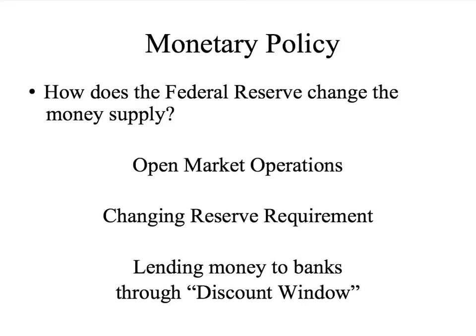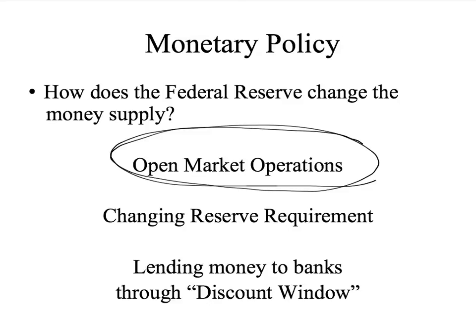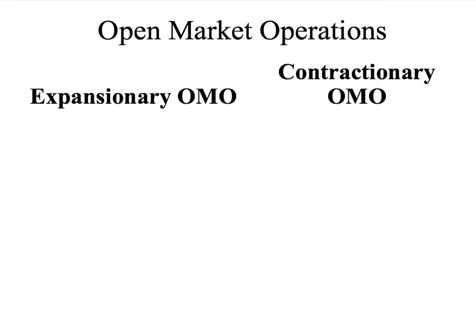So the biggest one of these, the most important one, is going to be our open market operations. Open market operations are generally buying and selling bonds on the open market. With open market operations, you can either have expansionary open market operations or contractionary open market operations.